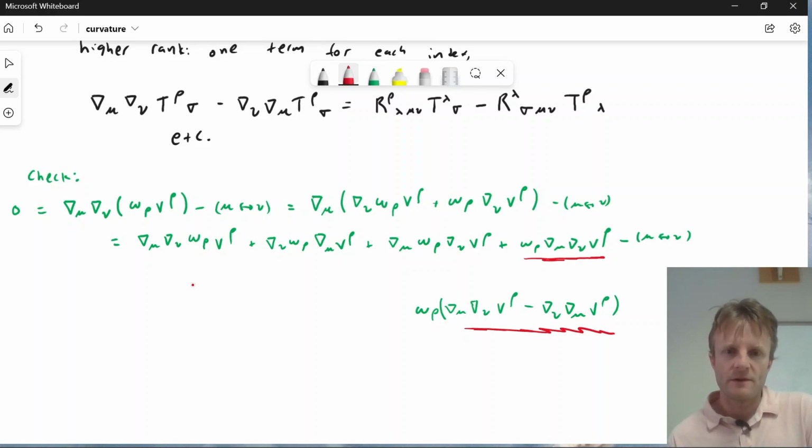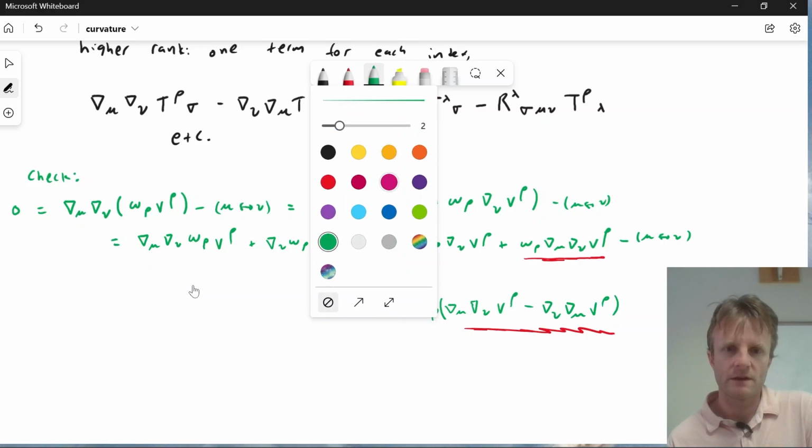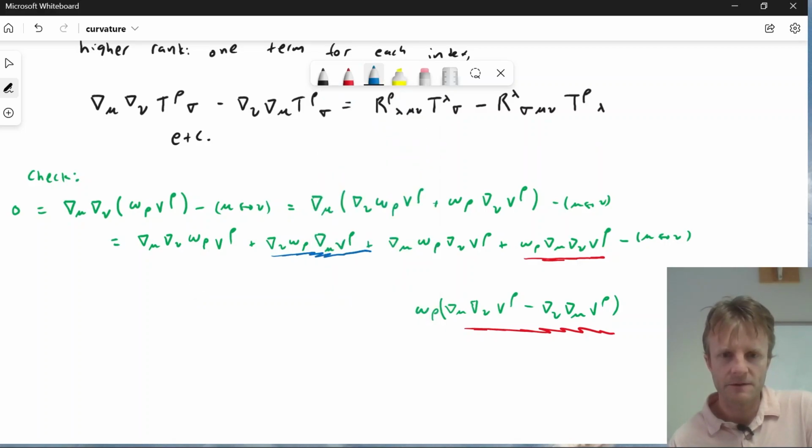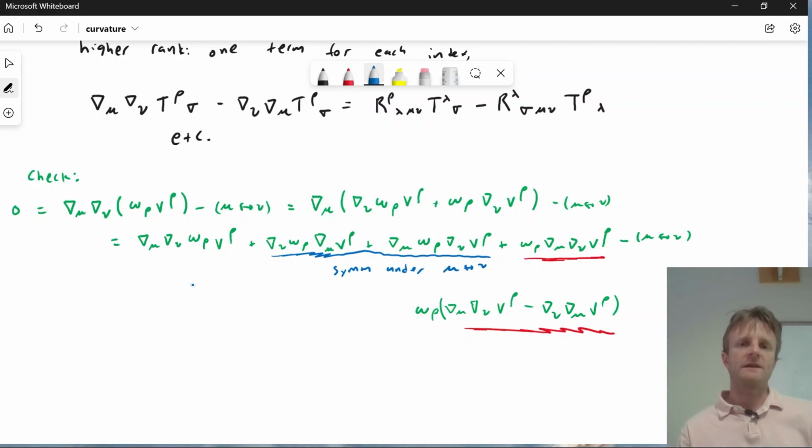And then these are going to cancel, as Peter just pointed out, because this thing here plus this thing here is symmetric under mu goes to nu. Remember, I don't even have to freely raise and lower. It's just manifestly symmetric. It's the nu mu term added to itself with mu and nu interchanged. And so that's going to become 0.